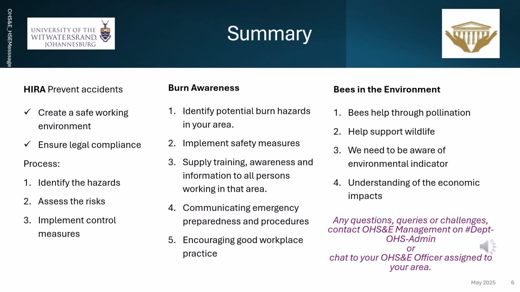Identify potential burn hazards in your area. Implement safe measures of working. Supply training, awareness, and information to all people that work in that area. Communicate emergency preparedness and procedures, and encourage good working practices.